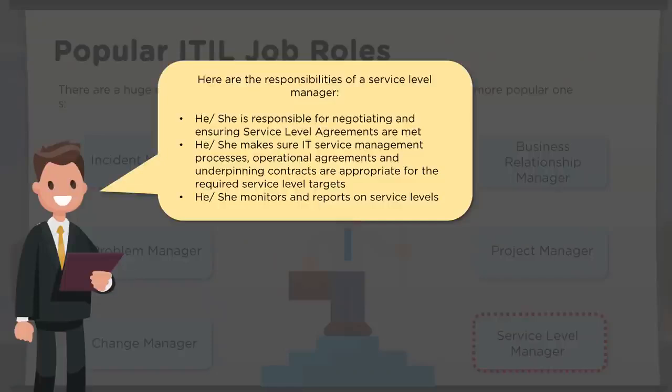Service level manager: responsible for negotiating and ensuring service level agreements are met. A service level manager should make sure that IT service management processes, operational agreements and underpinning contracts are appropriate for the required service level targets. A service level manager should monitor and report on service levels on a regular basis.